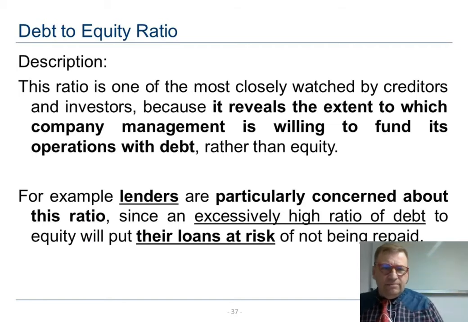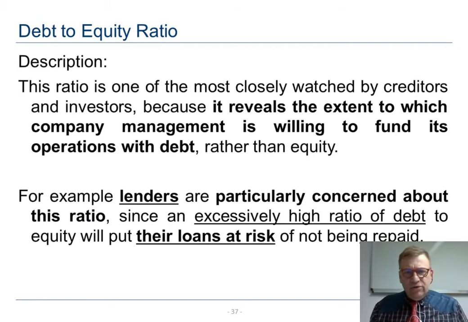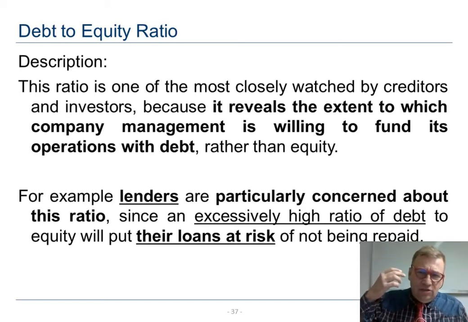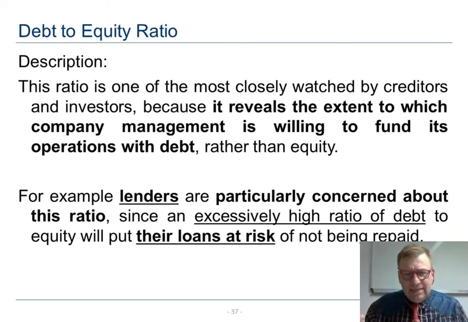Then we have this description. The ratio is the most closely watched, obviously, by creditors and investors who might buy the company, because this shows to what extent the management of the company is willing to fund its operation with debt and not equity, because you need to have some courage to take some debt in order to operate.